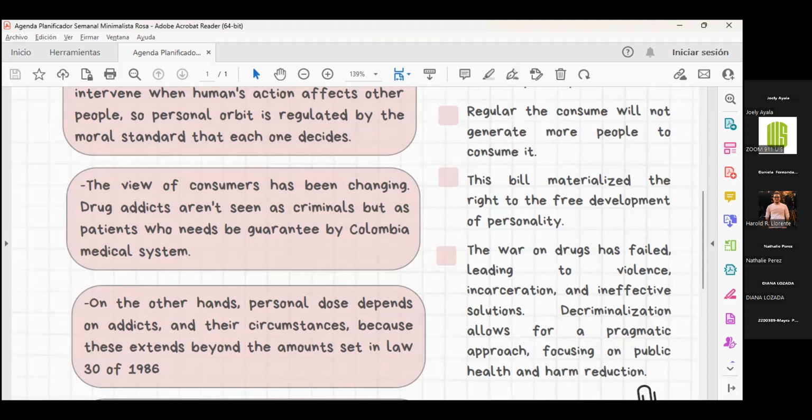I don't know how to say that in English. Yeah, drug addict. But I realized that it all depends on the way that you use it, because even if you use it for an adult purpose, you can do it with control. So it's like alcohol, vices that are allowed in society.